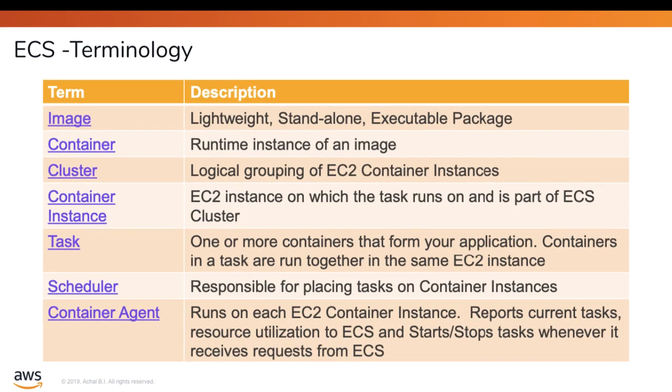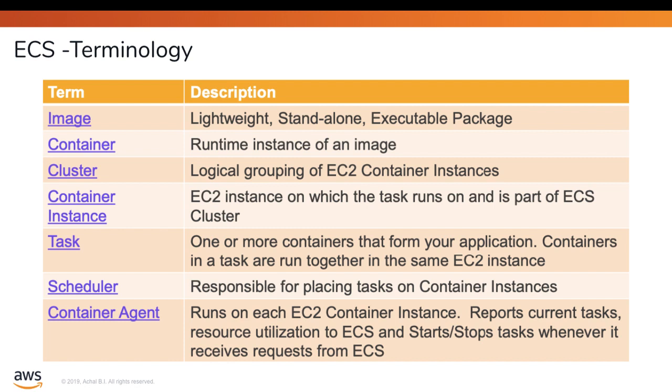So to understand some of the terminologies of ECS, there's an image. An image is basically a package which would be converted into a container. A cluster is nothing but a logical grouping of EC2 container instances. When I say container instances, it's a regular instance which has Docker installed in it.